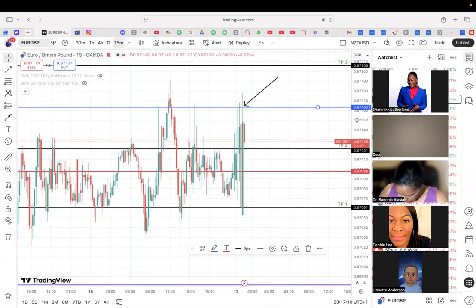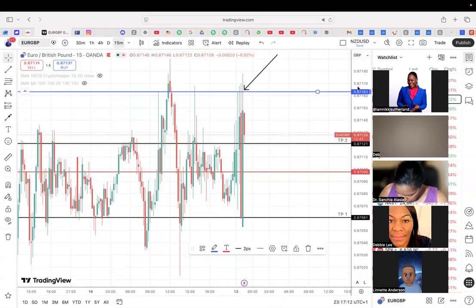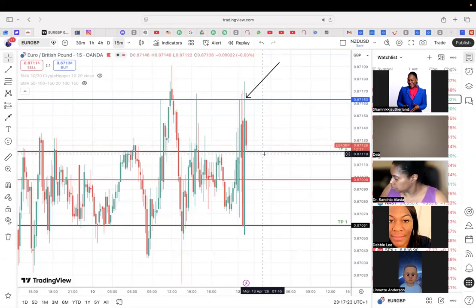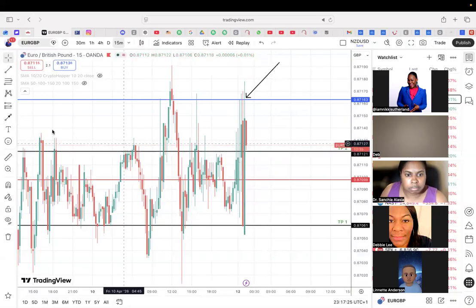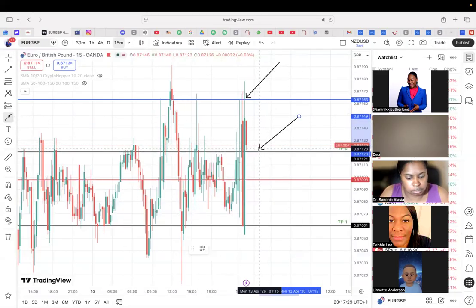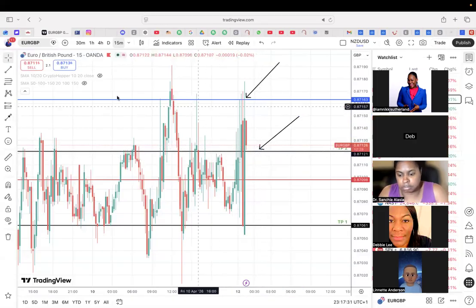Now, looking at this market right here, we can see that every time it's hit this blue line, albeit it might have shot up here maybe, but ultimately it's come back down, and it's come back down at least to this black line. Type black in the chat if you can see that the market has come back and touched this black line, okay?